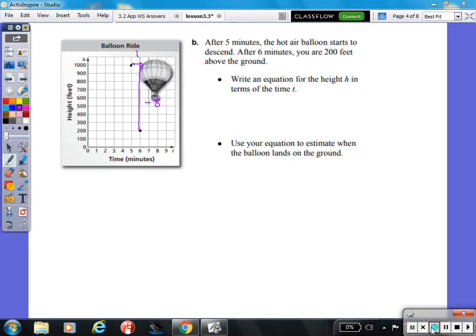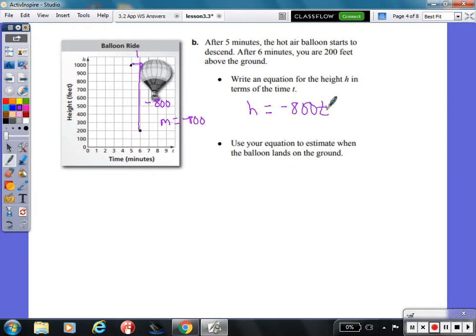So we have -8 over 1, or our slope is just negative, and that's hundreds, right? So -800. So our equation, y equals -800. Whoop, not y, h, sorry. Forget it, they want it in terms of h and t.